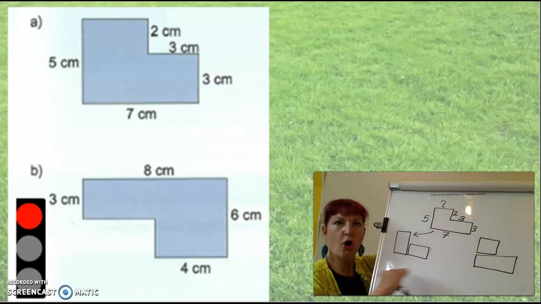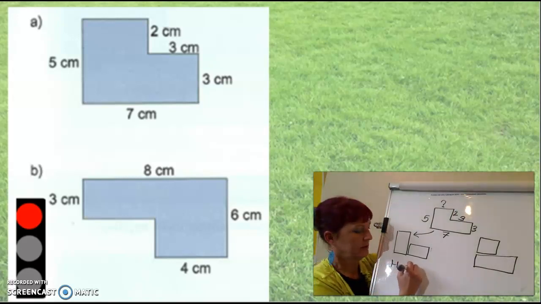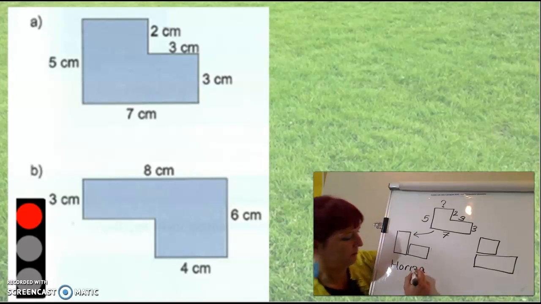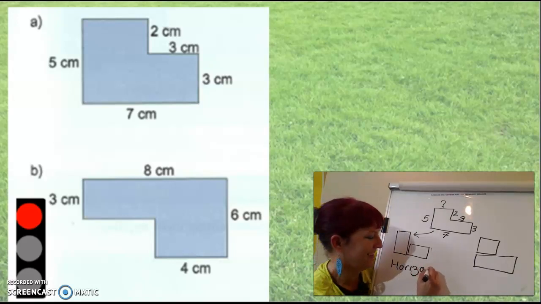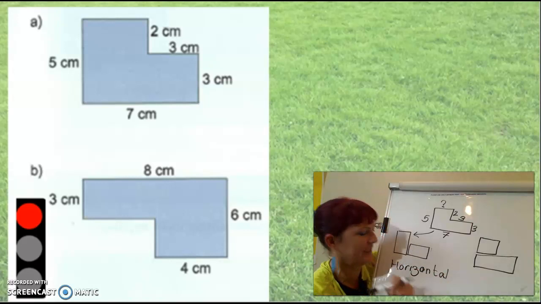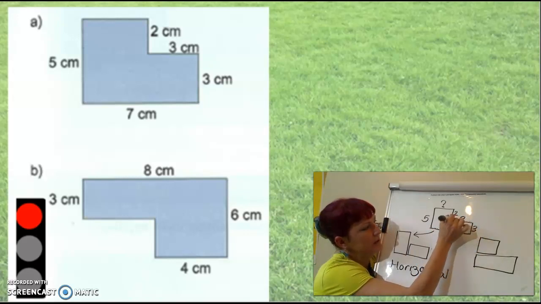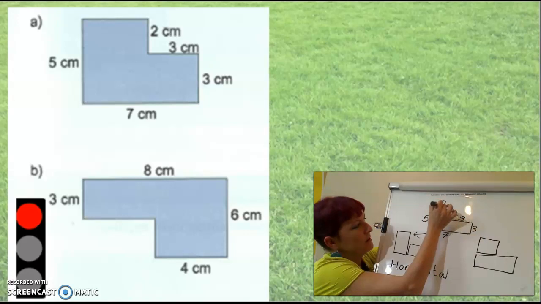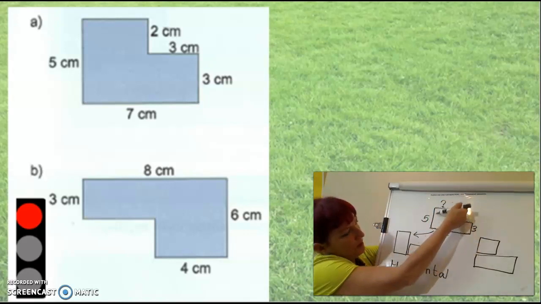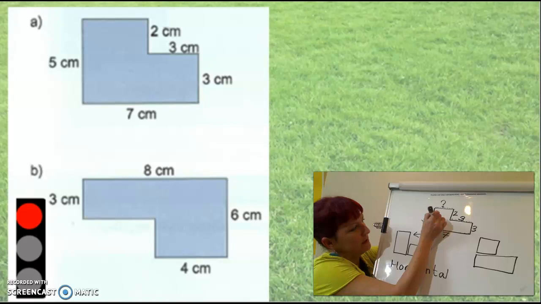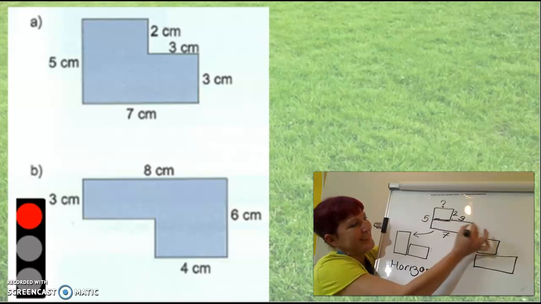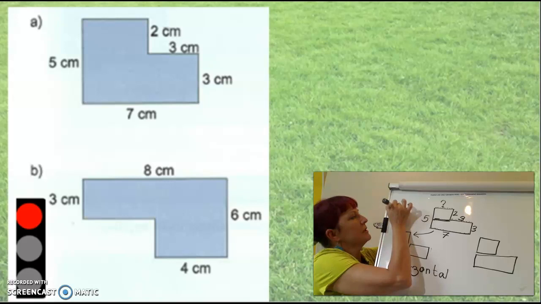And it would be all the horizontal lines that will help me with this one. The horizontal lines. So this one, and this one. Because I'm trying to work out this one. If that one dropped down to there, that's my imaginary line. So I know that the whole distance across is 7.